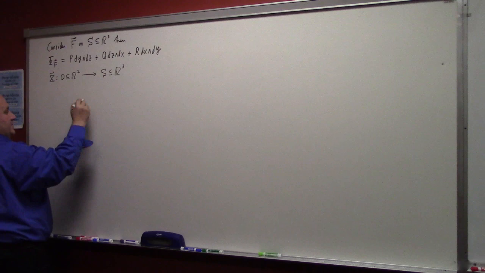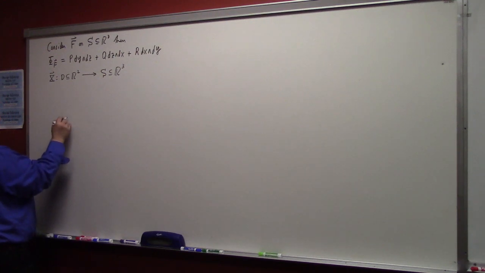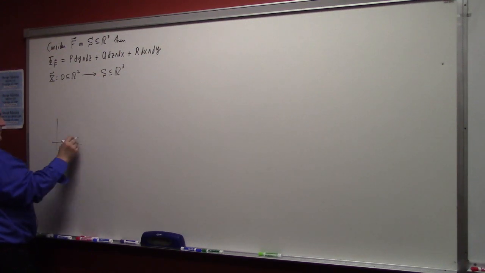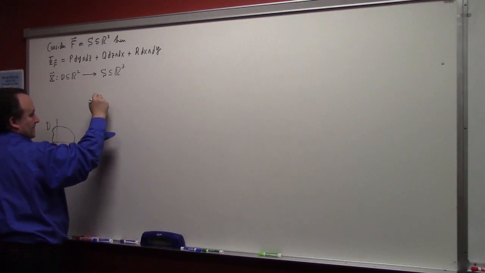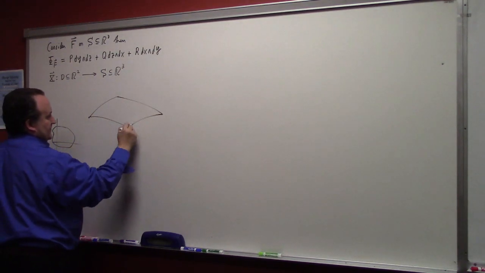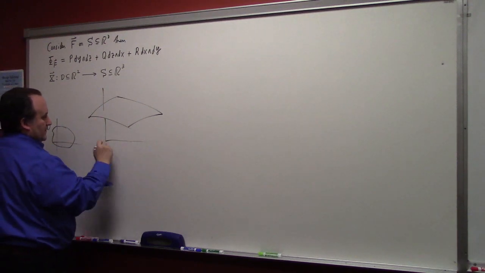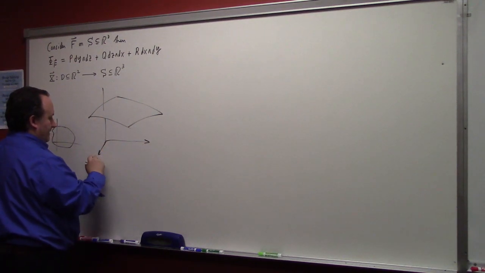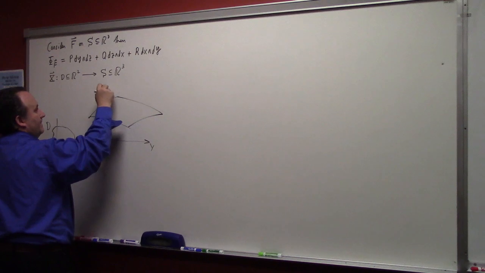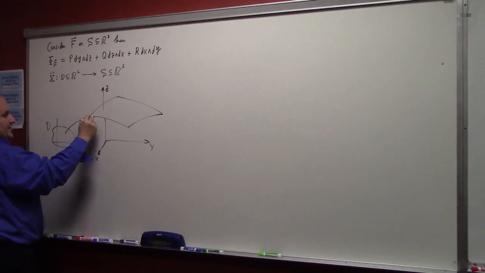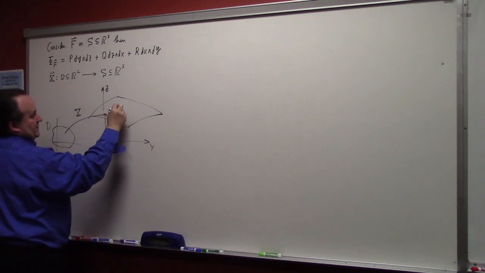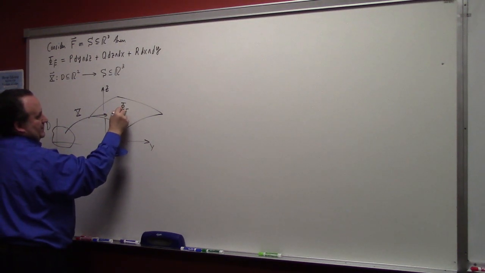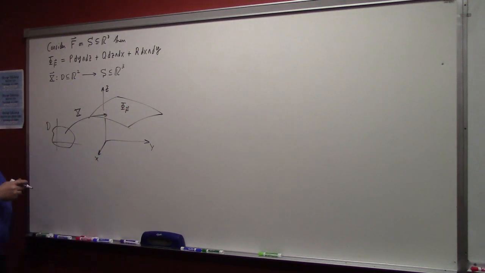So the picture is something like, here's my parameter space, and then here's my surface, right? And my patch goes like so. The flux form lives up here, right? It lives on the surface, let's say.